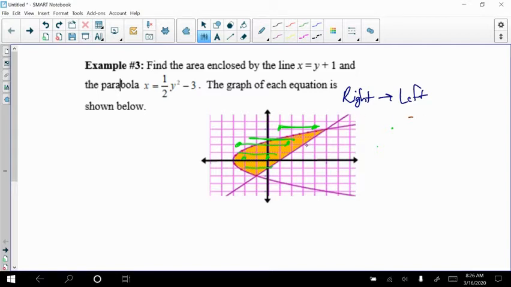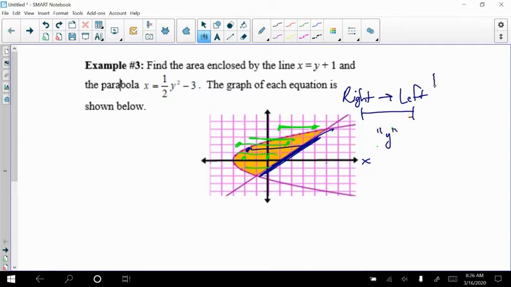You're taking the larger value, which is towards the right, the more positive x, minus the smaller value, which is on the left. So when I measure this, I want to do the right minus the left, and I want to be in terms of y. That's the other key.